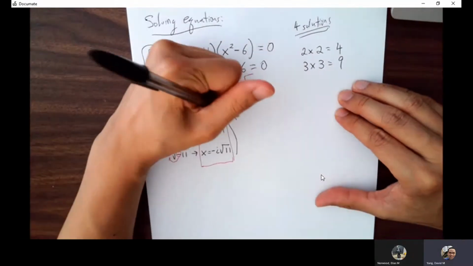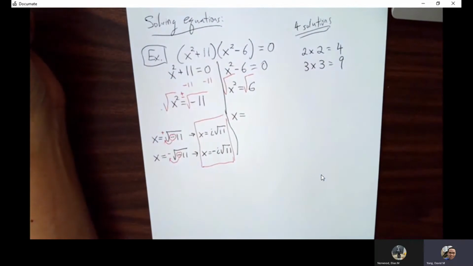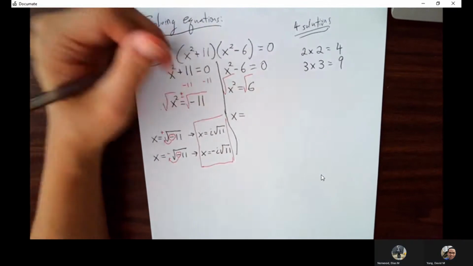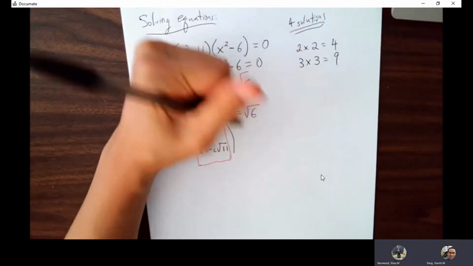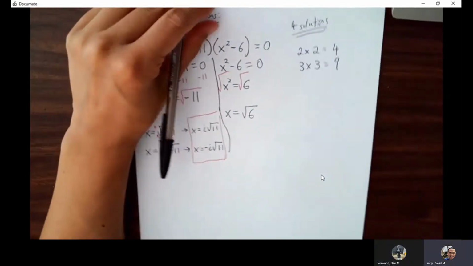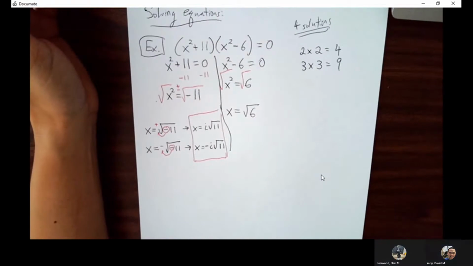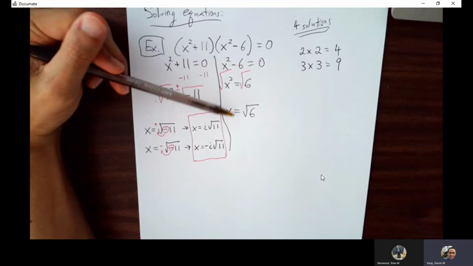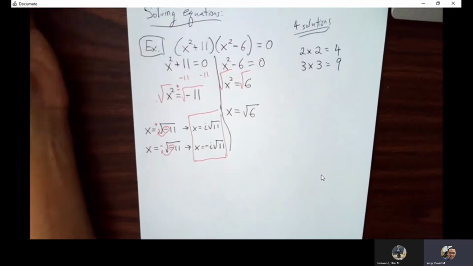But so what's x equal to? x equals square root of 6, right? Right. And do we have another solution, or is that it? That's it. That's it? Well, I have 1, 2, 3 solutions. I should be... Oh yeah, it's 4.